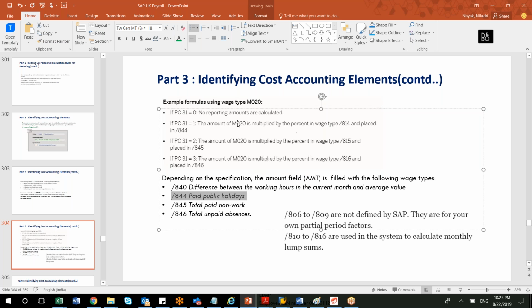So what will happen? For the M020 amount, say 1000 GBP, it will be multiplied by the percentage in wage type /814. Again, this /814 is given by SAP, so for /814 to /844 you don't have to worry about it. The only thing is that whatever this /844 amount is, it will be considered.